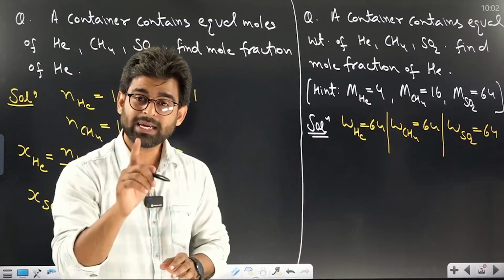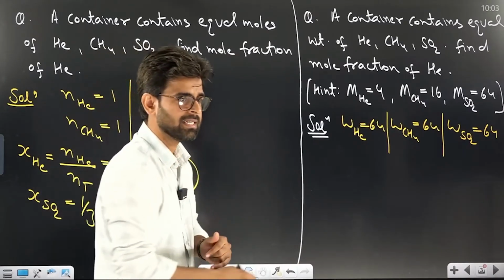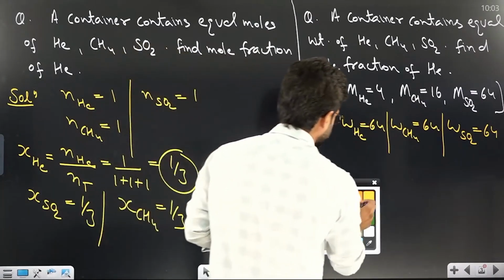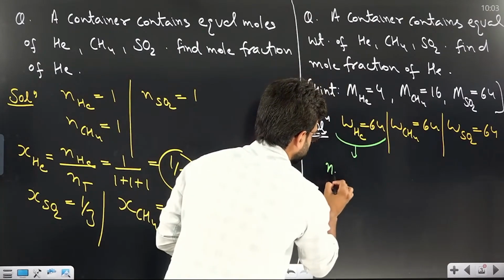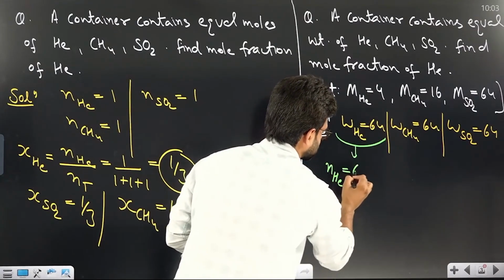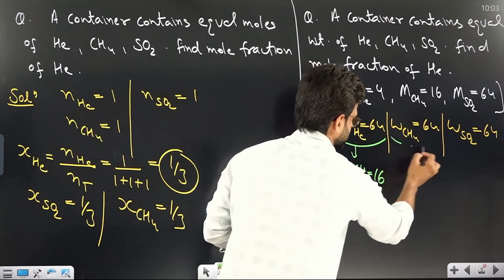Why? Because it will be easy to cancel and easy to find moles. Very good. So you see how many moles are coming from here? Moles of helium are 64 by 4, that is 16.